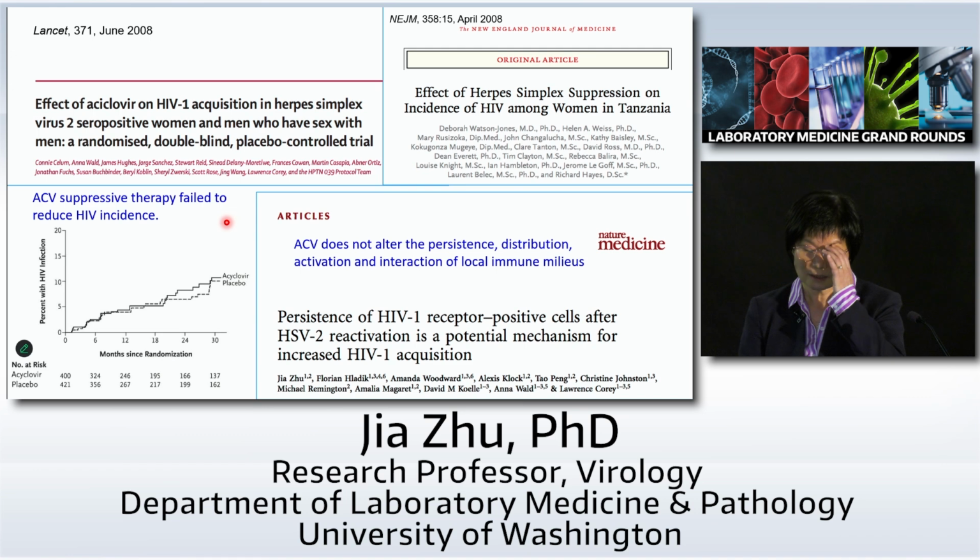And our study showed that acyclovir treatment does not alter the local immune milieu in terms of their persistence, distribution, activation, and interaction. So the persistence of these HIV receptor positive cells could be the potential mechanism for increased HIV acquisition by HSV infection.